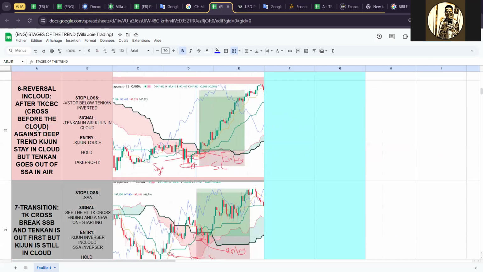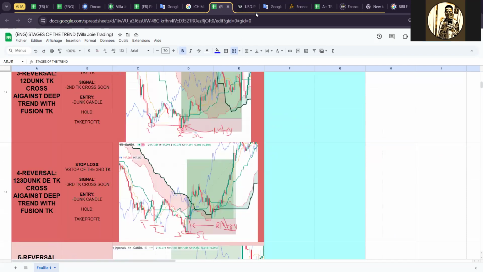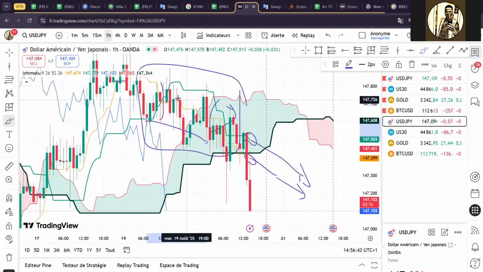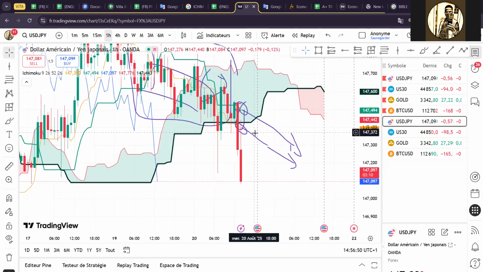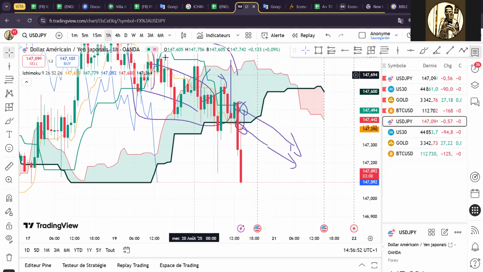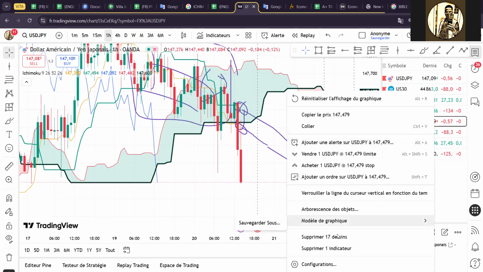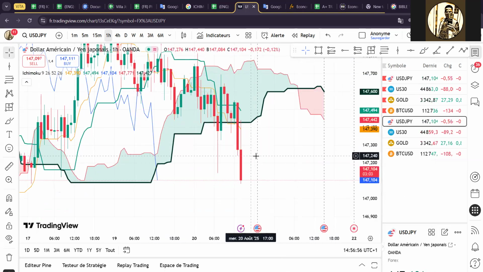Now you have a transition. The transition makes you see that we need to go to the downside, to continue this TK cross downtrend. That's what is happening now.